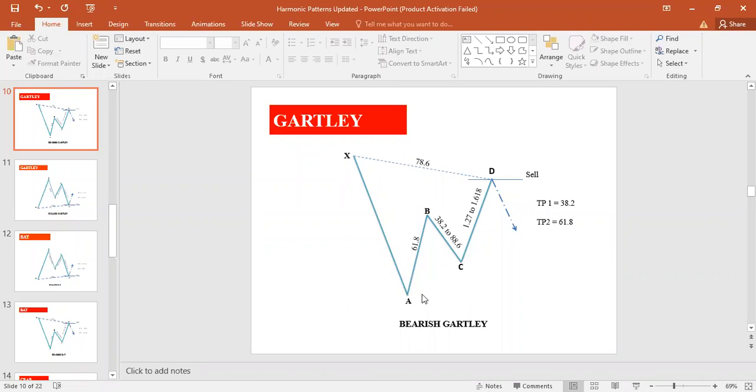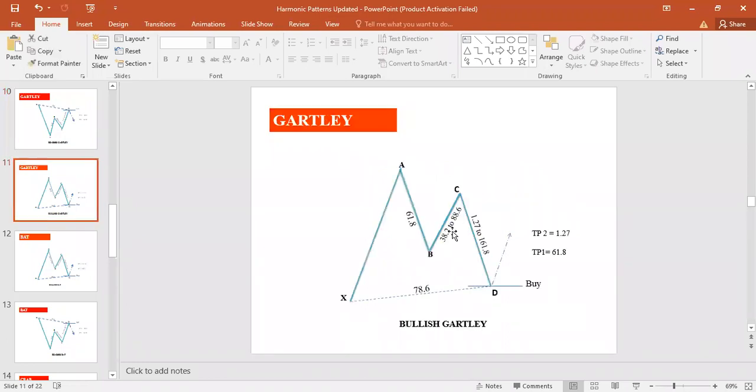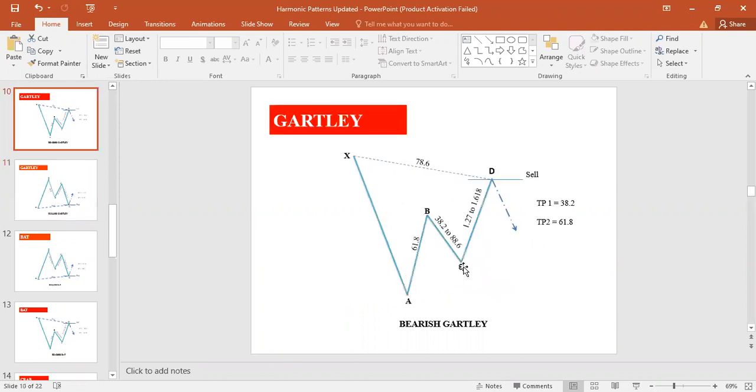C is a retracement of AB. So whether it is bullish or bearish, C is a retracement of AB, and D is a retracement of XA. They are not extensions. So we look at the bearish again. C is a retracement of AB, and D is a retracement of XA.